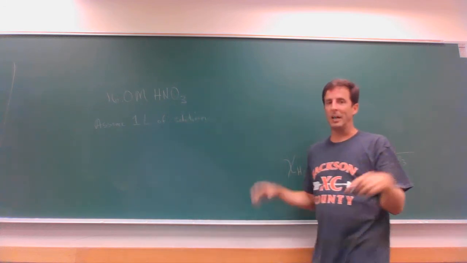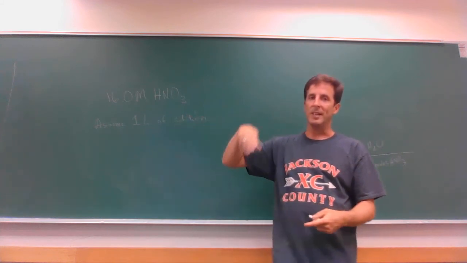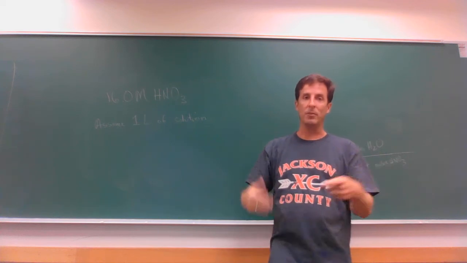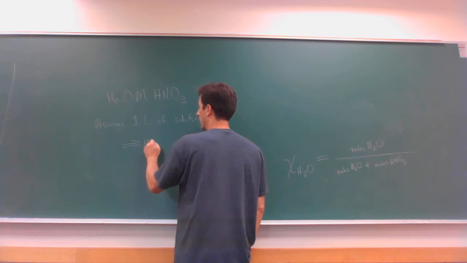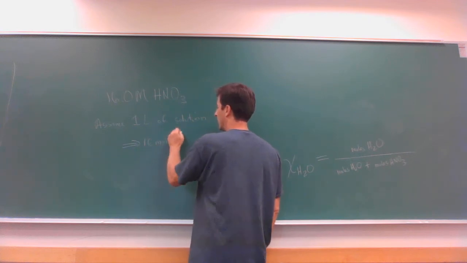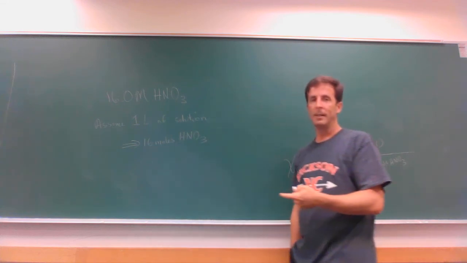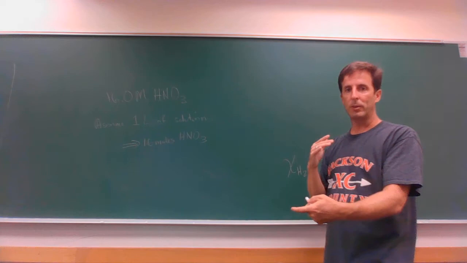That locks everything in: in 1 liter, I have 16 moles of nitric acid. That's key, that I now know the volume and I know the moles.